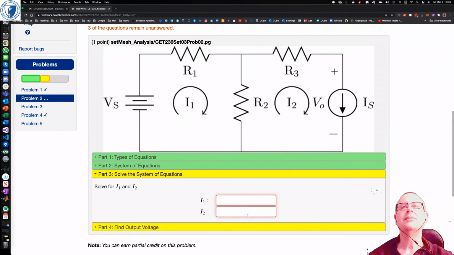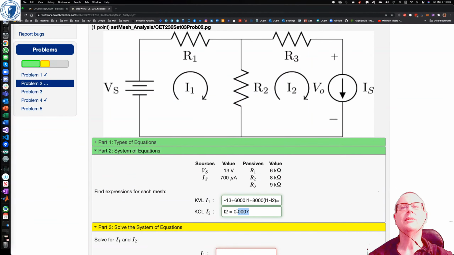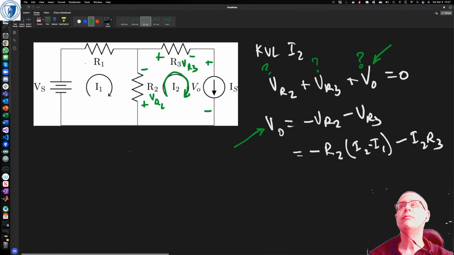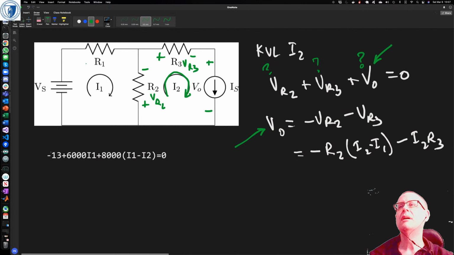And now I need to solve for I1 and I2. I've already solved for I2, but I've got to give it the units now. And let's just do some math over here.